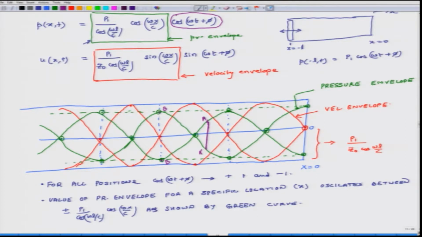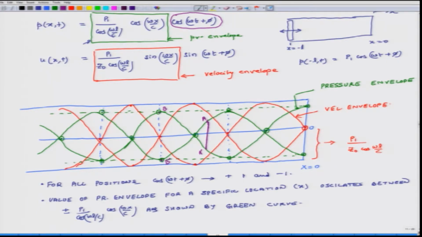So, the overall pressure fluctuation at B is larger than the overall pressure fluctuation between A and A prime. So, the overall fluctuation of pressure at location B is larger than the overall fluctuation at location A, and at some locations this pressure fluctuation is as low as 0 at these nodes, and at other locations it is maximum.